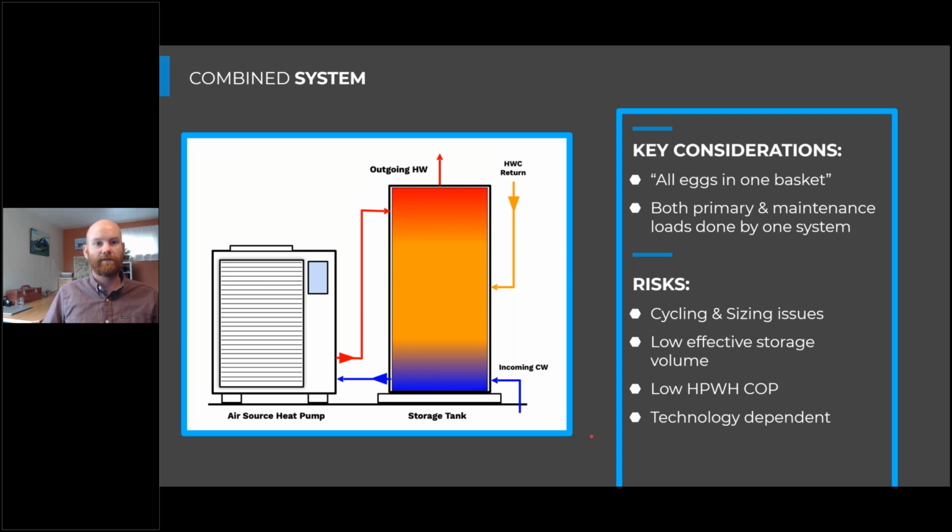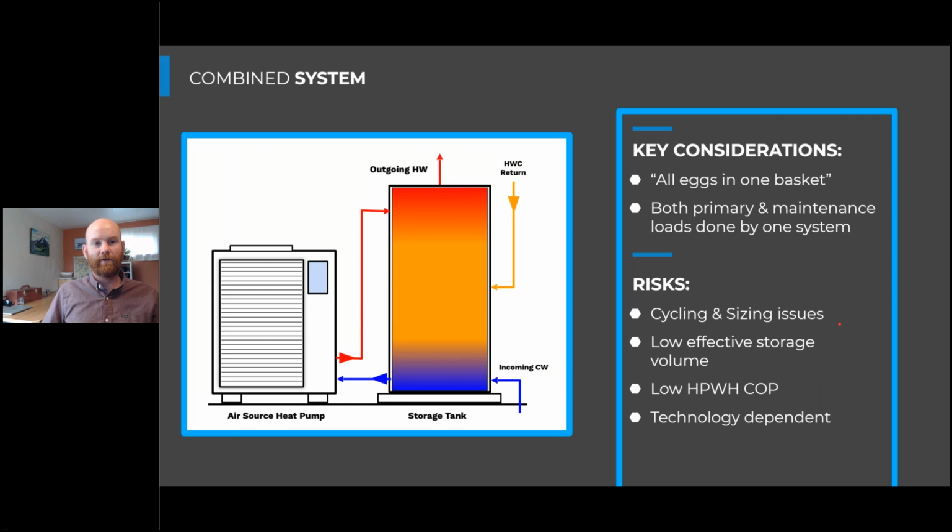But all in all, whenever I do a sizing analysis, the first cost of the equipment tends to be about the same if we're doing a dedicated parallel system with a multipass or a combined system like I'm showing here. And it really comes down to how we're reducing the effective storage volume of that battery bank or our tank, and the lower COP, which means less heat into that water over a given time period.